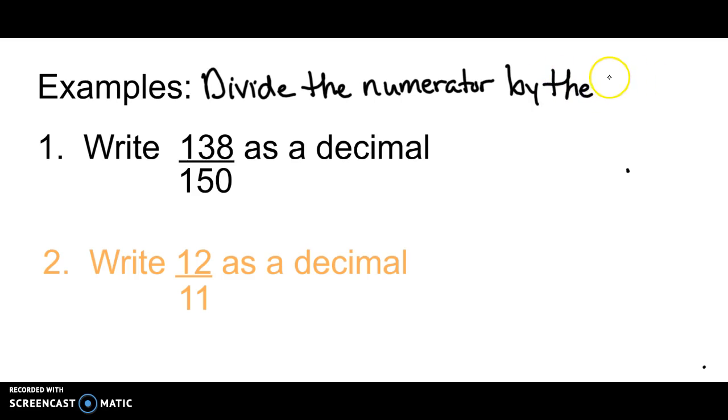You take the 138 and divide it by 150. If I take 138 divided by 150 on my calculator, I get 0.92. Is that a terminating decimal? Well, it doesn't go on forever, it ends, so yes, it is terminating.